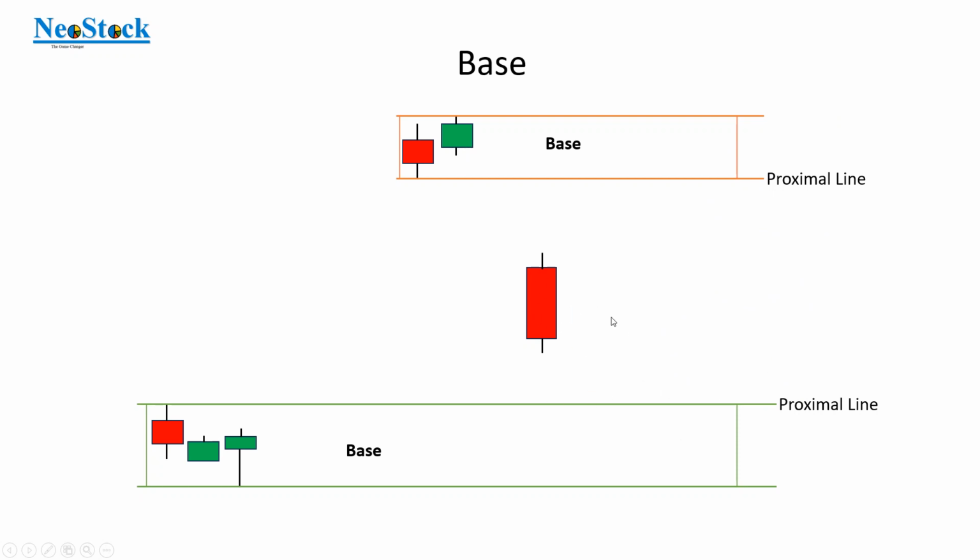They are called distal lines. So that means every base has two lines. One is the proximal line and another one is the distal line. The line that is near to the price is called the proximal line. The line which is far is called the distal line.